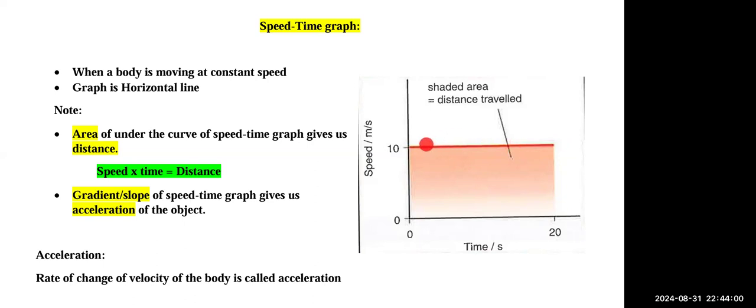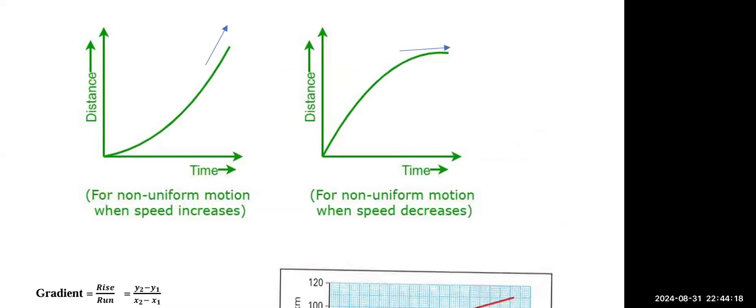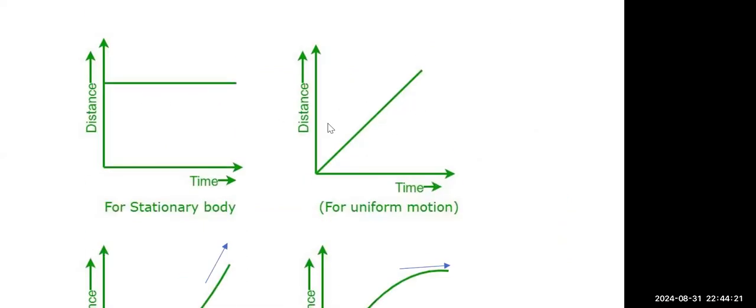As I told you in the last lecture, in the distance time graph, when a body is moving at constant speed or uniform motion, the graph is a straight line starting from zero. You can easily differentiate the difference here.